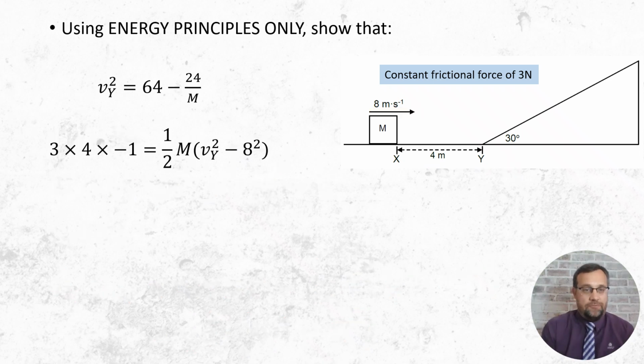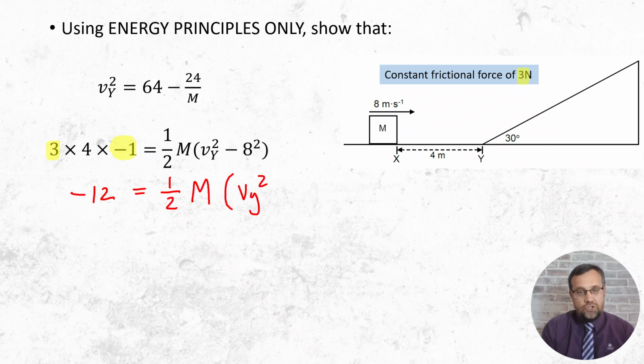So the frictional force, we have substituted the value of 3. The cos of 180 is minus 1. So this gives minus 12 equals half m times Vy squared minus 64. Now let's divide by m on both sides and also multiply by 2 to get rid of the half.